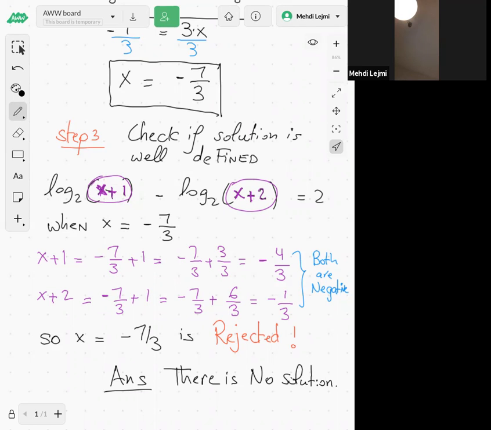As you can see, guys, this last step makes a difference. We end up with no solution. We thought we had a solution, but actually we don't, right?